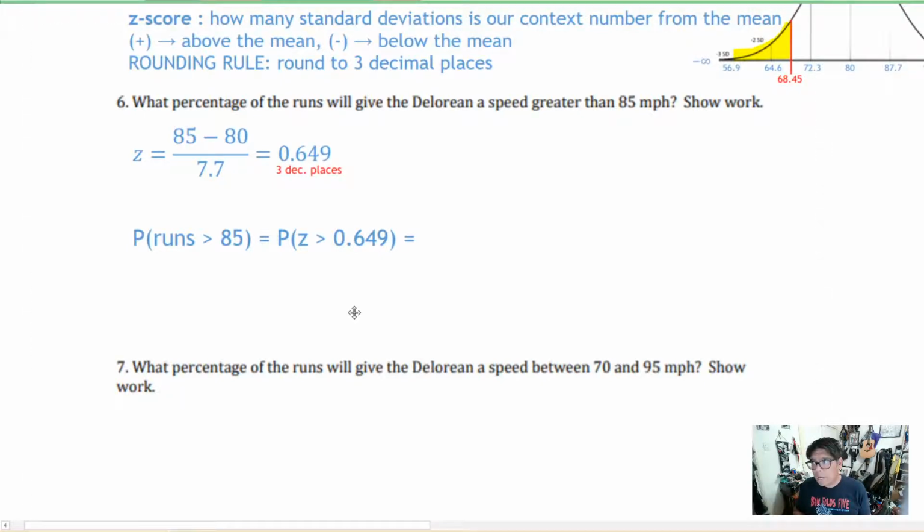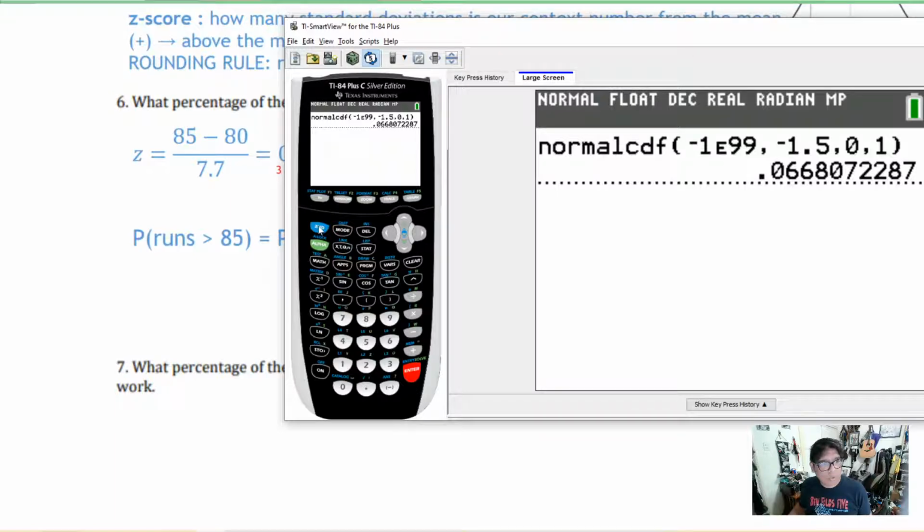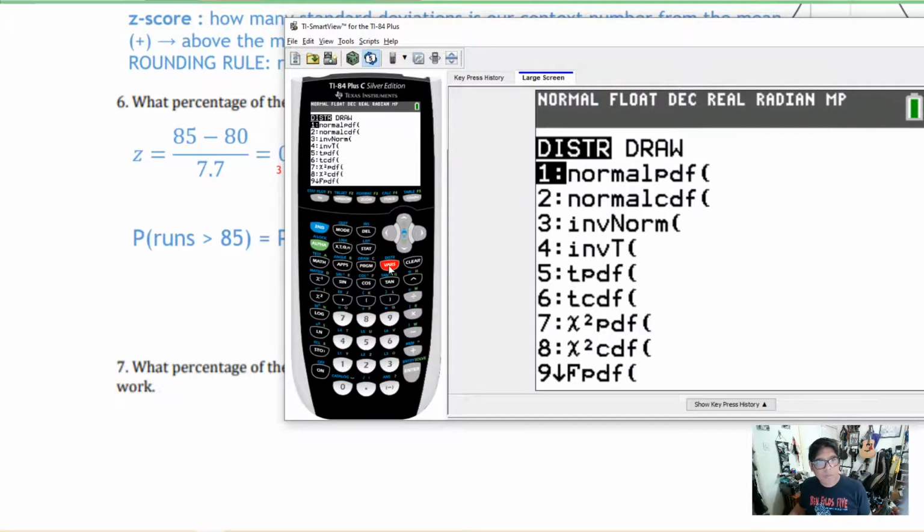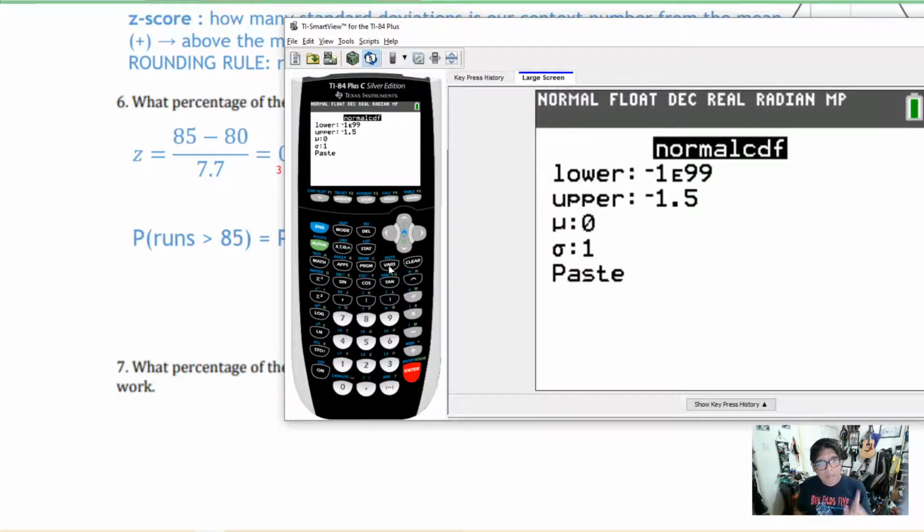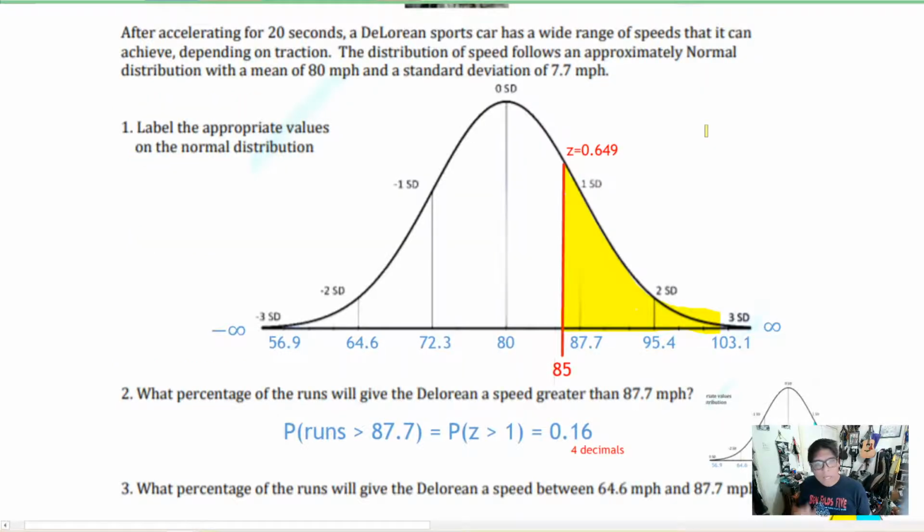So we'll get to the calculator now, and we'll do second distribution, NormalCDF. This time I want speeds that are greater than 85 miles per hour, which is equivalent to a z-score of 0.649.